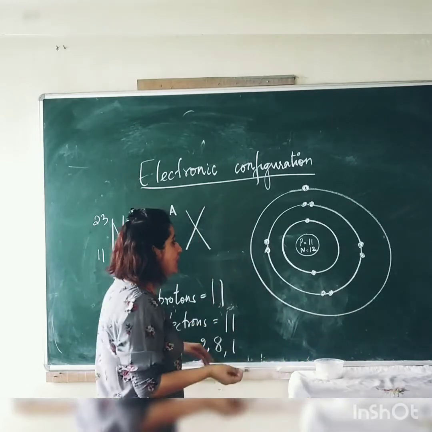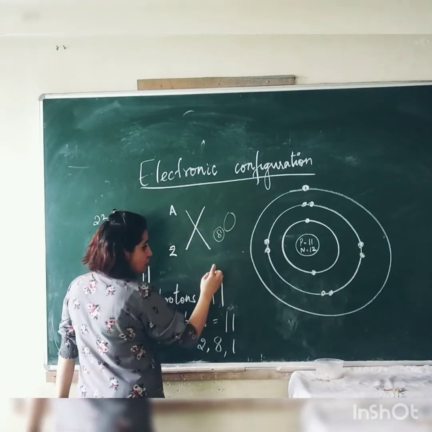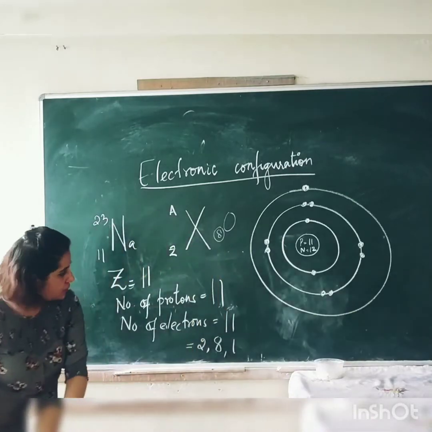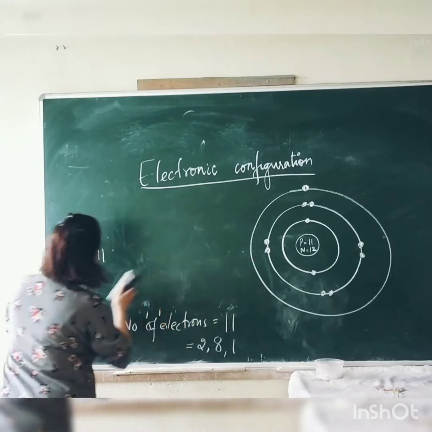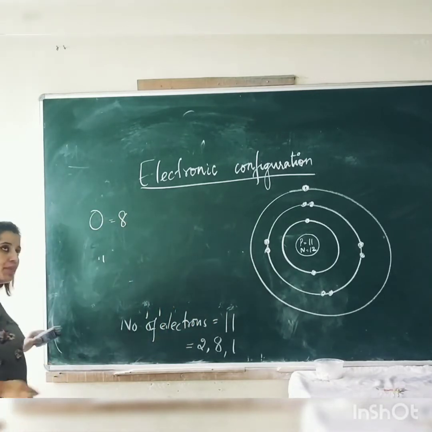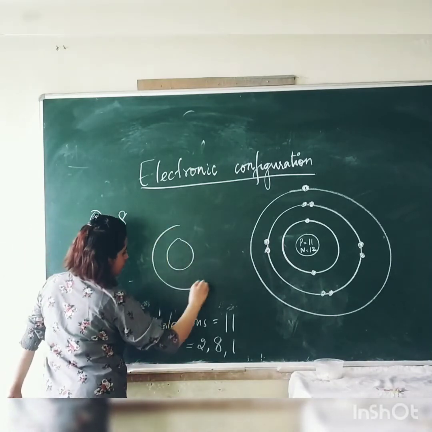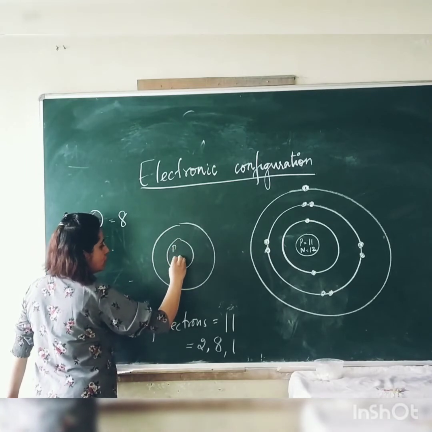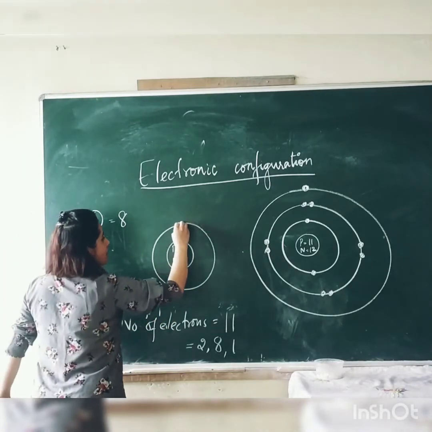So suppose in the case of oxygen, you have only 8 electrons. You may get confused here, so I'm doing oxygen. The atomic number of oxygen is 8. That means the number of electrons is also 8. So the nucleus has the protons and the neutrons, and in the first orbit 2.